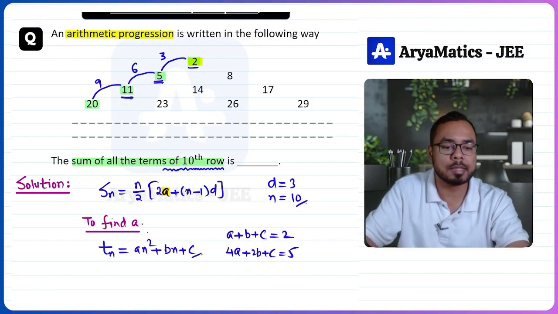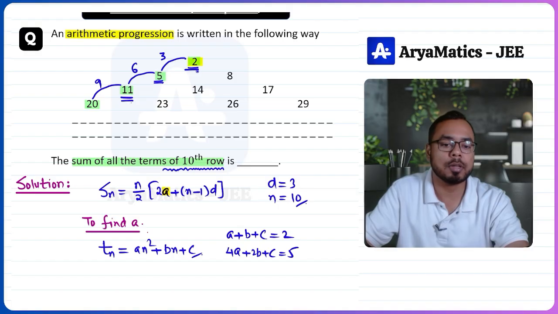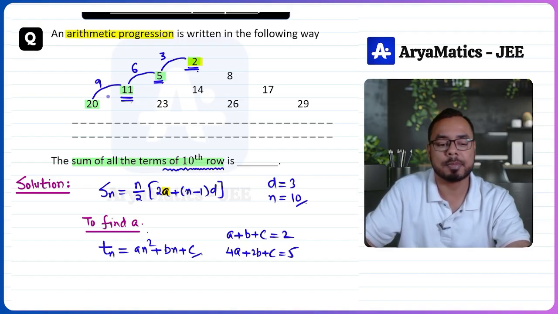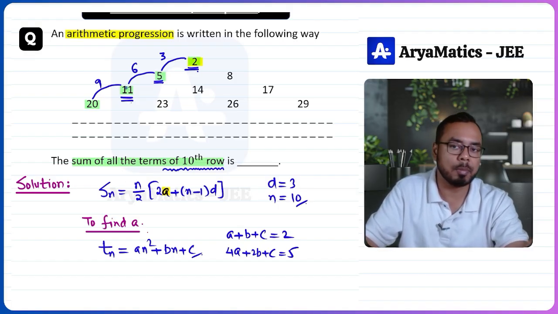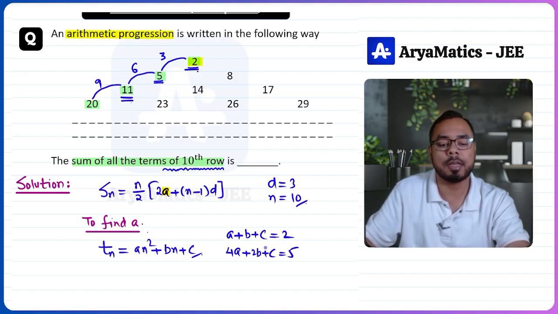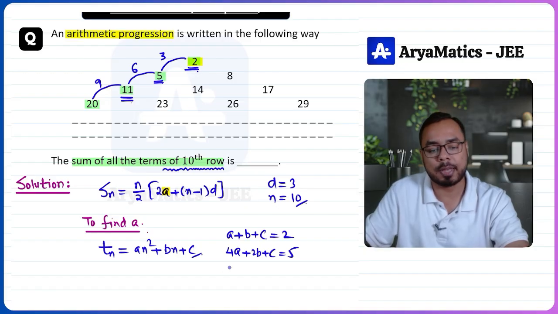And T3 is 11. We are talking about the sequence of first terms. Because the differences are in AP, the general term will be an square plus bn plus c. The first term is 2. In place of n, if we write 1, we'll get a plus b plus c, so that will be 2. The second term is 5, and the third one is 11.